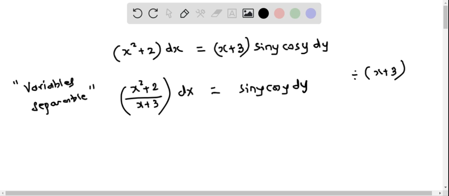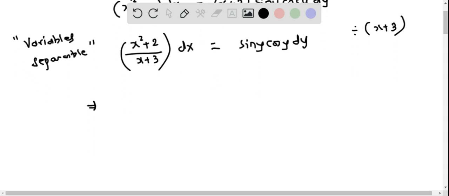Now it looks like we have separated the variables, so we can go ahead and integrate. Before I integrate, I rewrite this in the form such that I have the y terms on the left side and the x terms on the right side.